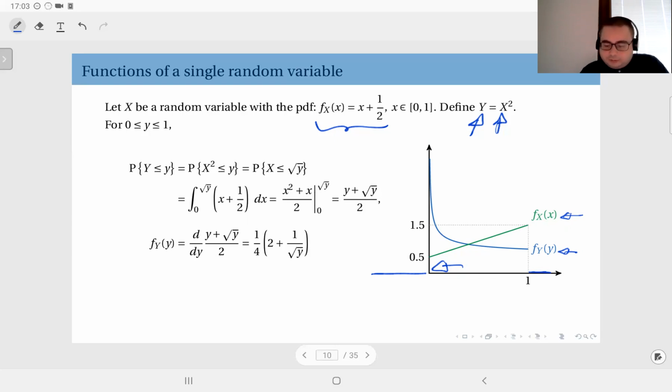In fact, if you take the limit as y goes to zero, the PDF value goes to infinity. But if you integrate it between 0 and 1, you should see that the integral equals 1. So this is the PDF of y, and this is the way to obtain the PDF of y from the relationship between y and x.